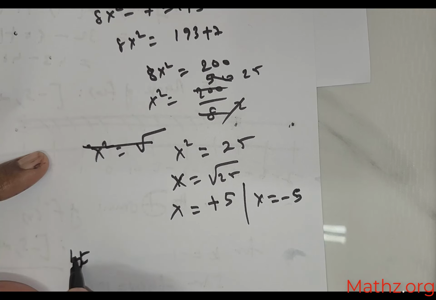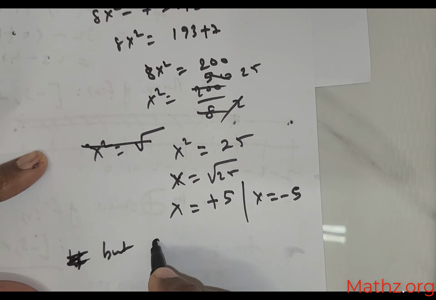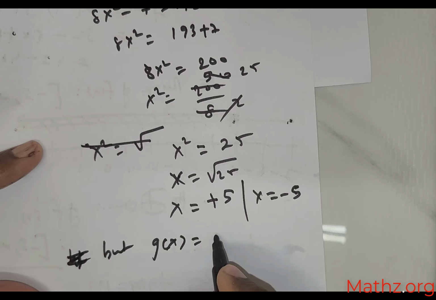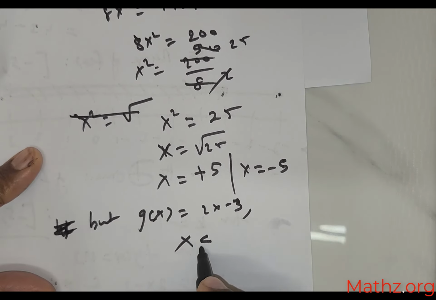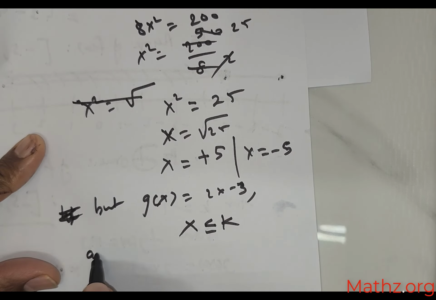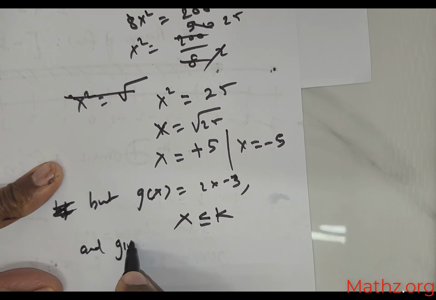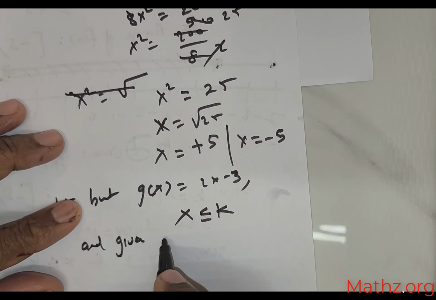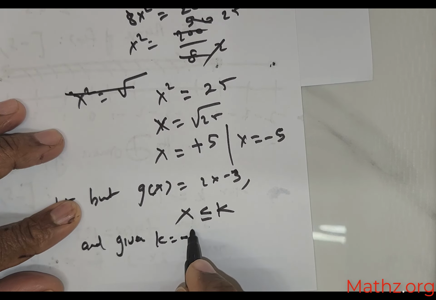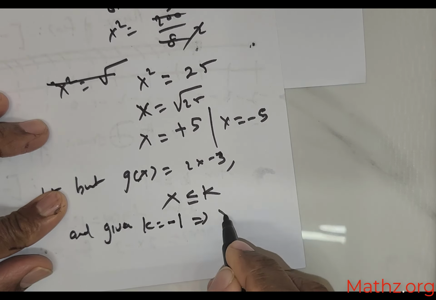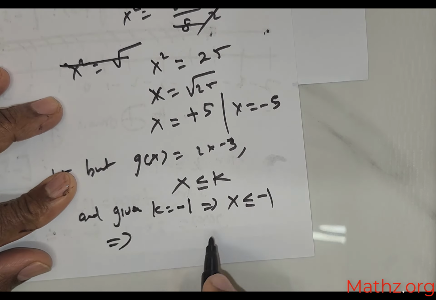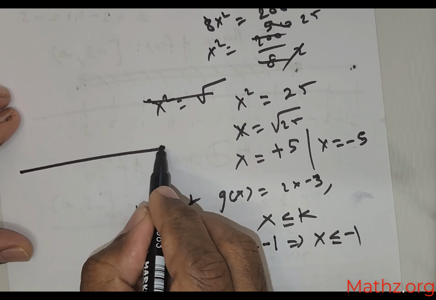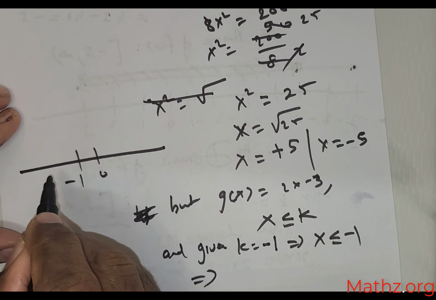But g of x is equal to 2x minus 3 is defined for all x less than or equal to k, and what is given, k is equal to negative 1, means all x less than or equal to negative 1. So where is the value?